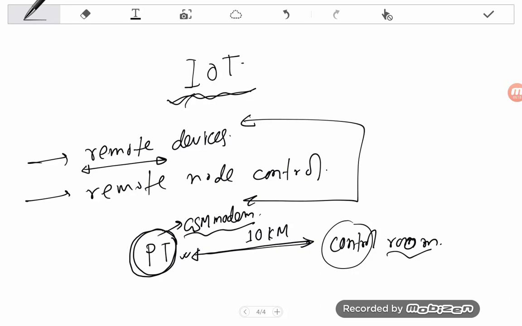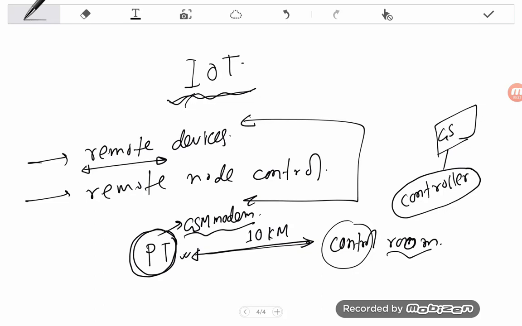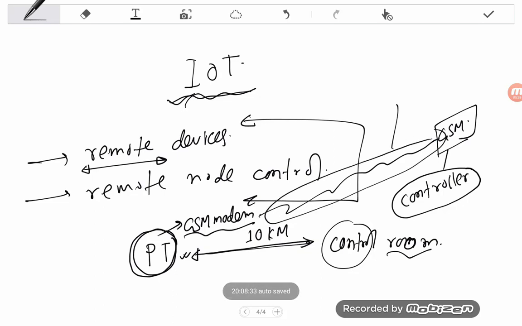We can put one more controller near the PLC, and the controller can be connected to one more GSM modem, and these two GSM modems can communicate through an ISP, Internet Service Provider, like BSNL or Airtel or maybe anything.